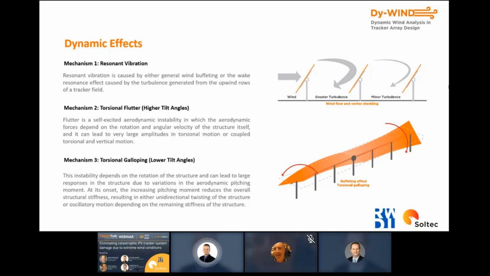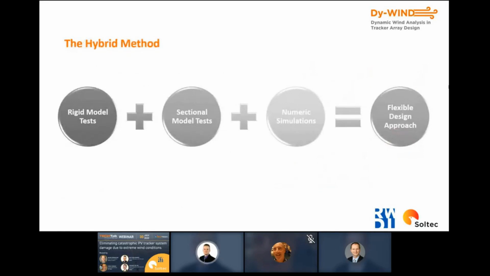So what is this hybrid method? On the next slide, we can see there are several components of the DIWind, and this is effectively a hybrid method. The first component is rigid pressure model tests. So we get some data from those, so we'll talk about that.